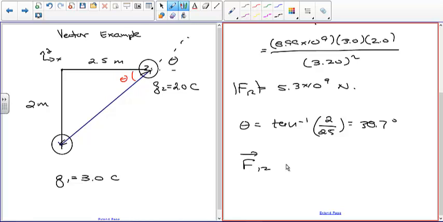So we could say the vector F12, actually let's do F21 instead.